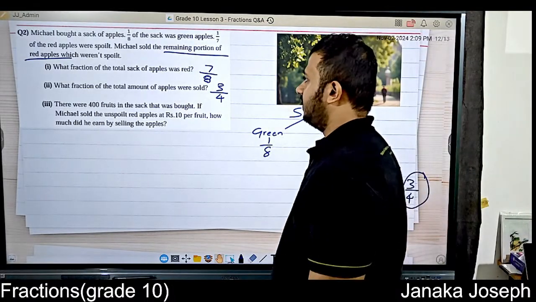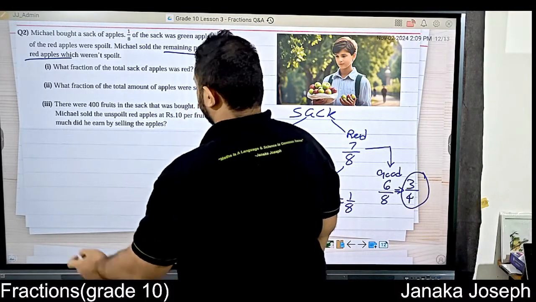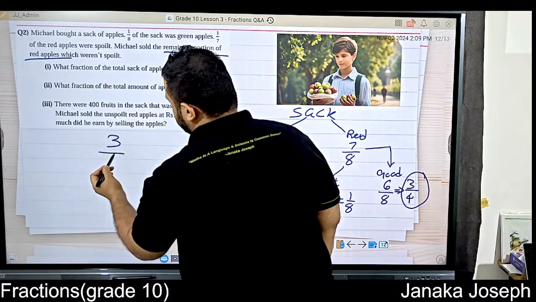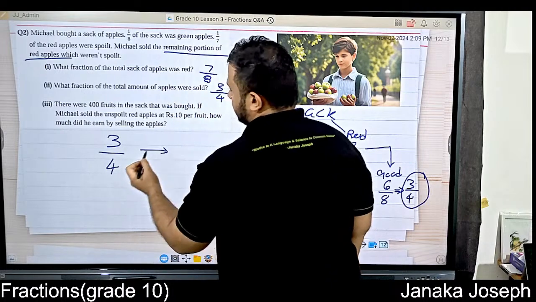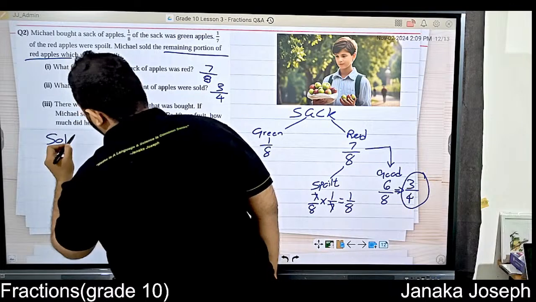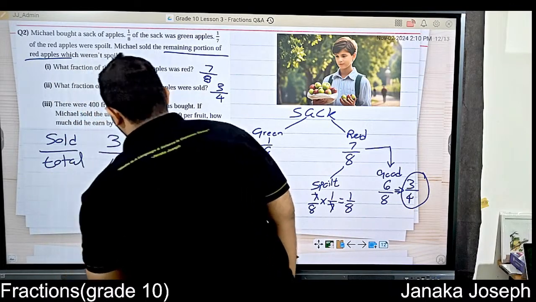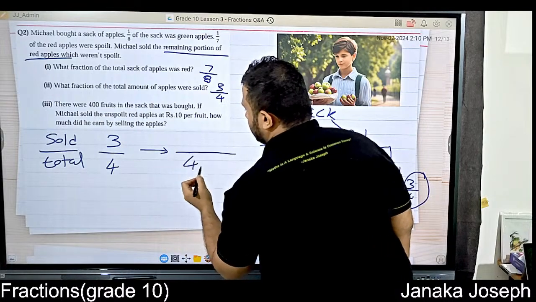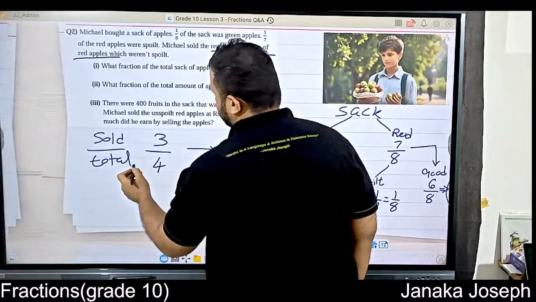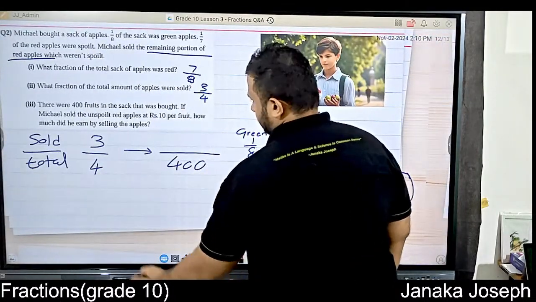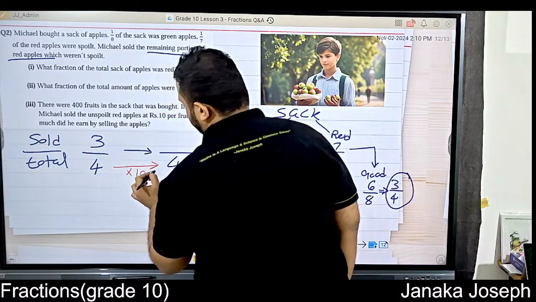If there were 400 fruits, we know the amount which was sold was 3 out of 4 of the total. But we know the total was 400. That means how many red apples were there? 4 times 100 is 400, right?